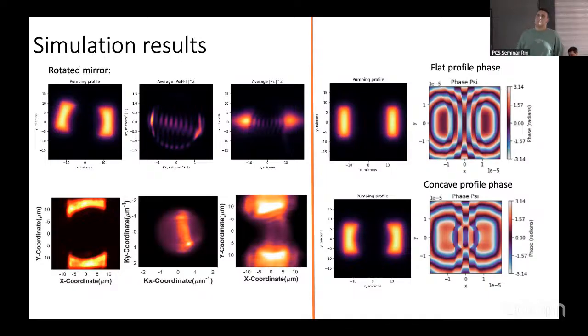The next example of simulation results is a comparison of two pumping profiles, just two flat boxes and two concave mirrors, and their phases could also be extracted. And in the phase, we can definitely see some focusing effect in the inter-mirror area.